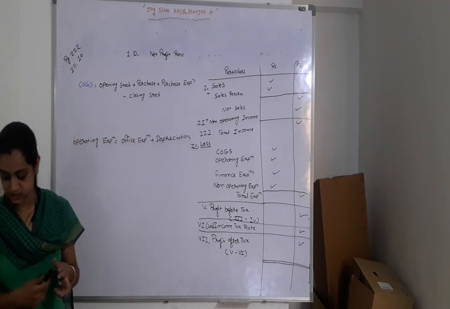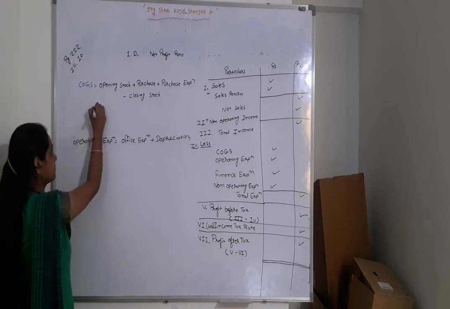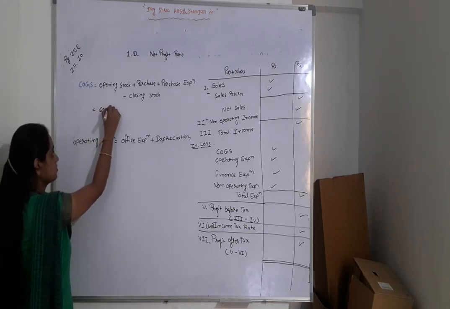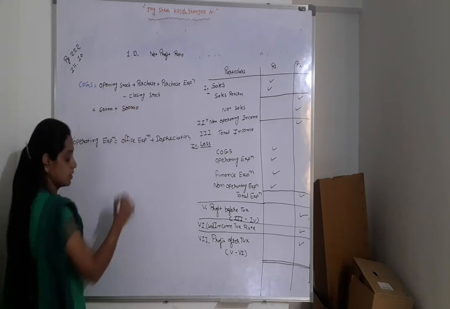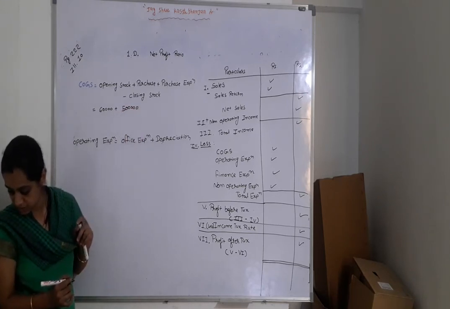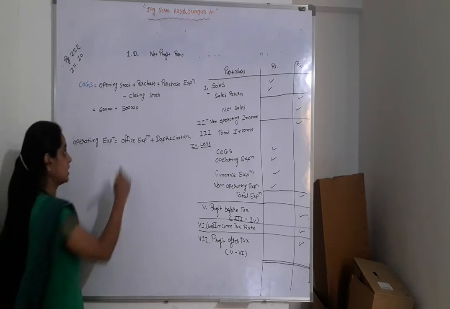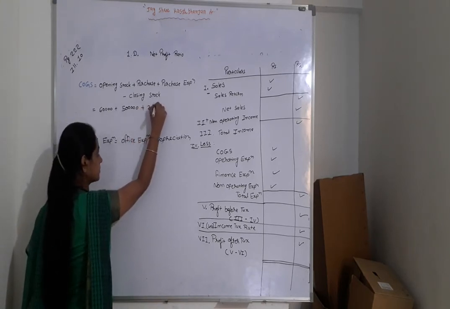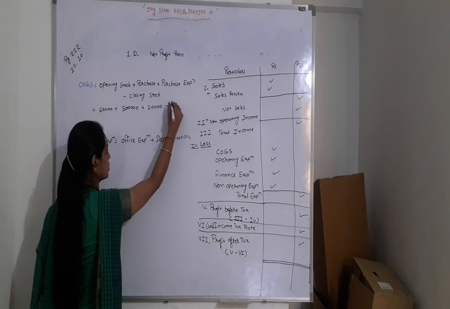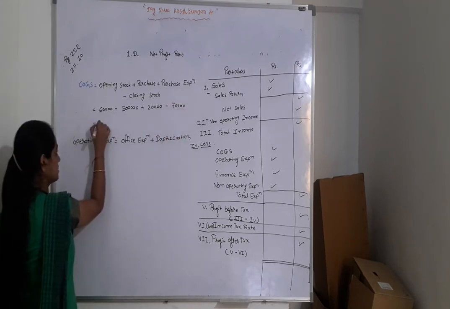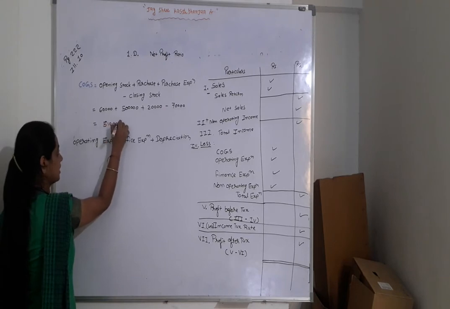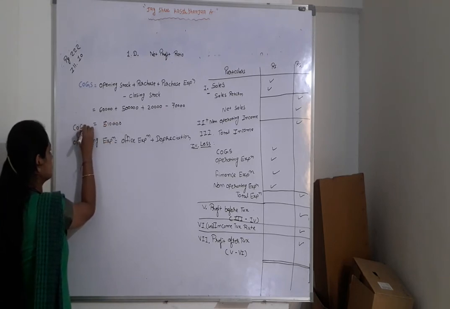Opening stock is 60,000, purchase 5 lakh. 60,000 plus 5 lakh plus purchase expense 20,000 minus closing stock 70,000. Answer is 5 lakh 10,000. That is COGS.